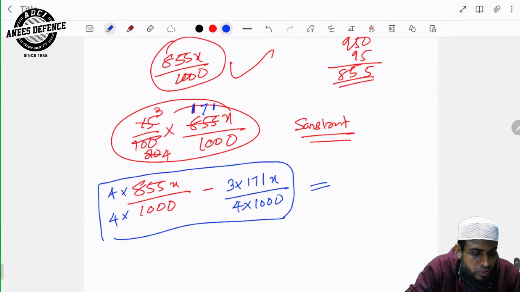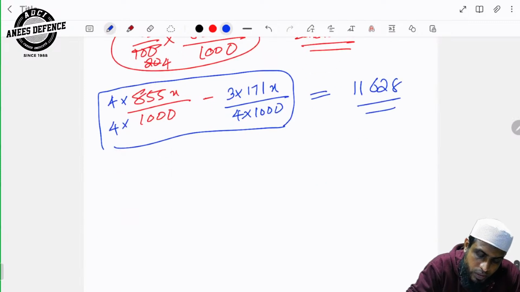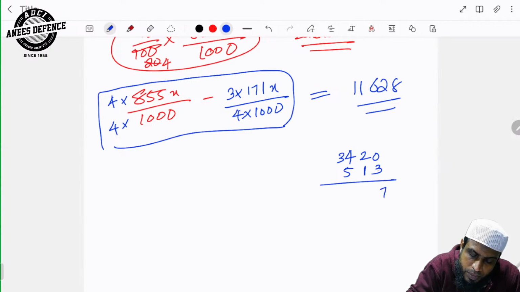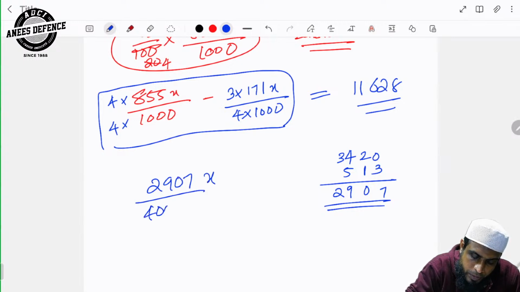These books are in French. That is equal to 11628. So 4 into 855 minus 28.